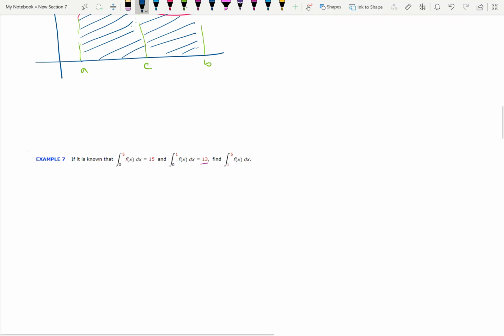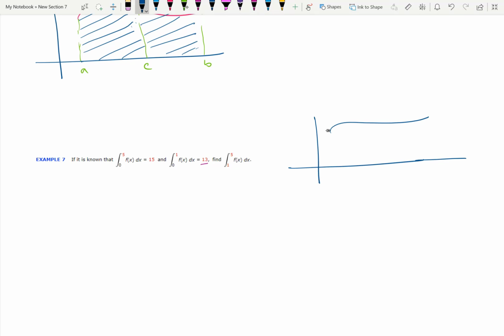For example, here we have f of x which starts from 0. So lower limit is 0, upper limit is 5. So this is 5, this is 1.